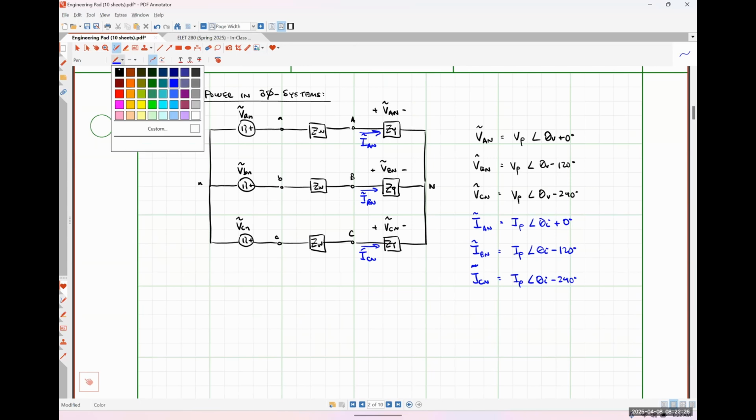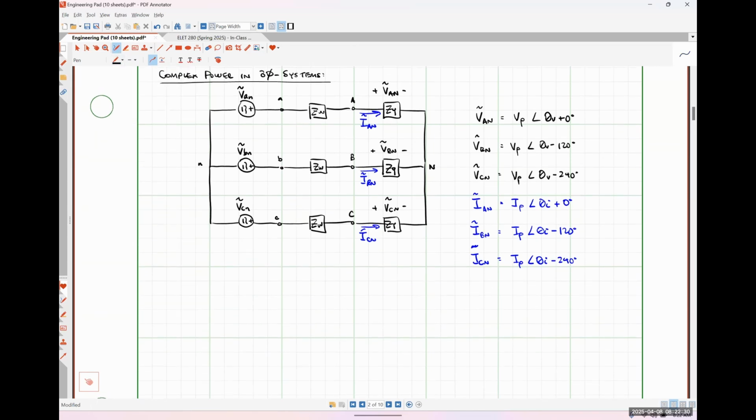So if I wanted to calculate the complex power absorbed by the A phase of this system, I could just use our fundamental definition for complex power, which would be voltage times the complex conjugate of the current.